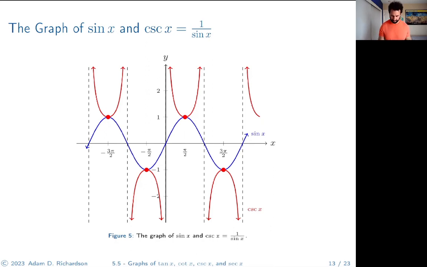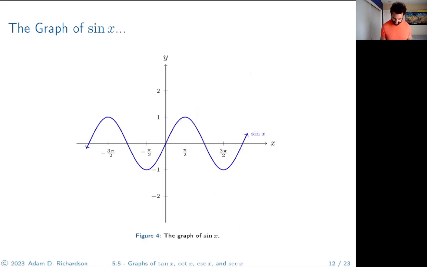So look at this. When does sine equal zero? Well, sine is equal to zero at all of the integer multiples of pi. There you go. So sine is zero here, here, here, here, here. So that means that cosecant is going to have asymptotes at all those points.